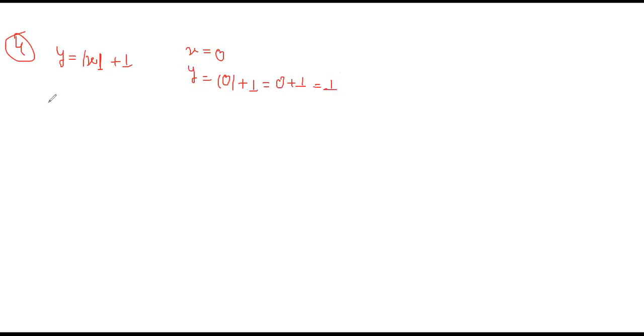If you put y equal to 0, mod x plus 1 equals 0, so mod x is equal to minus 1. Is it possible? No. Why not possible? It means it does not cut or touch the x-axis.